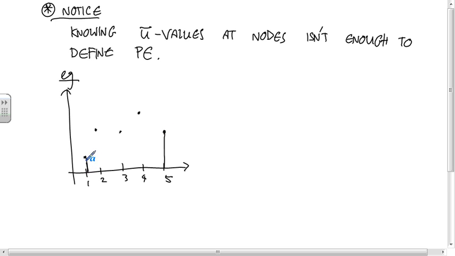What's the integral under this curve that's defined by these 5 nodes? Well, it depends on what your interpolating function looks like. If your interpolating function is linear, you get one value for that integral. If your interpolating function is quadratic, you might get something like this, and that's a different area underneath that curve.